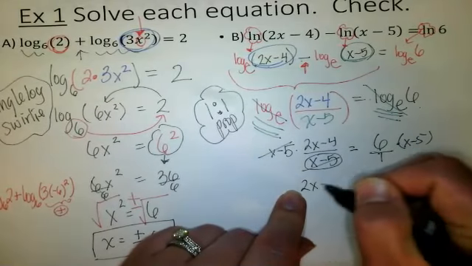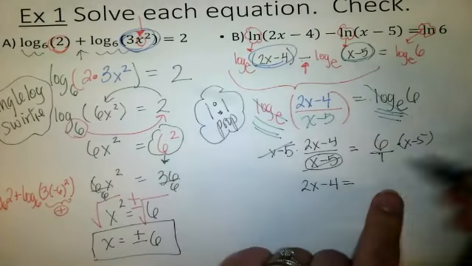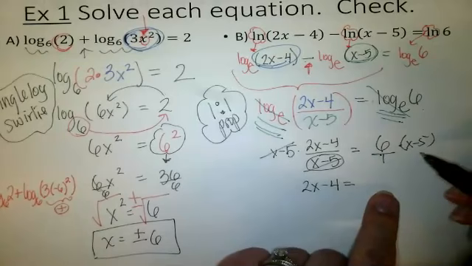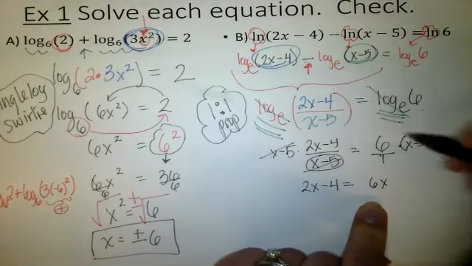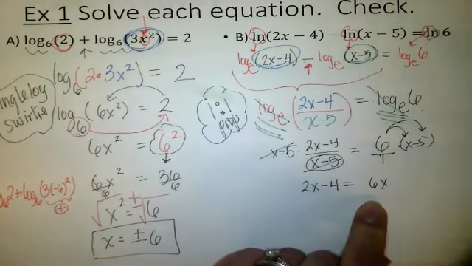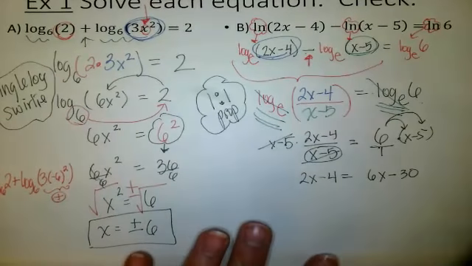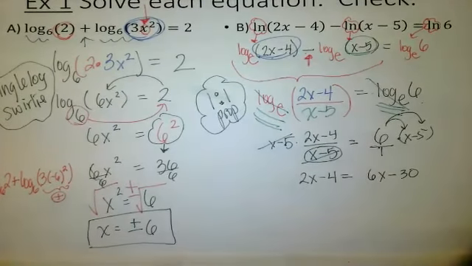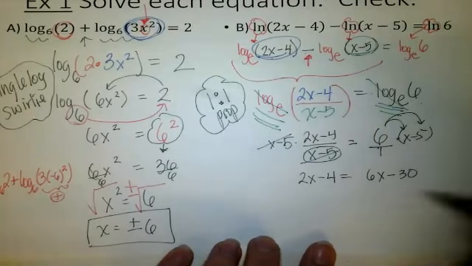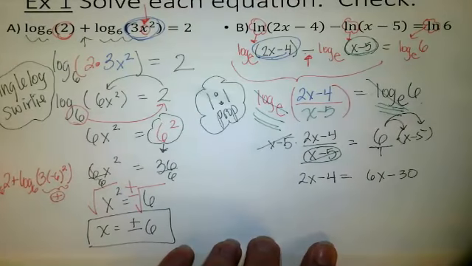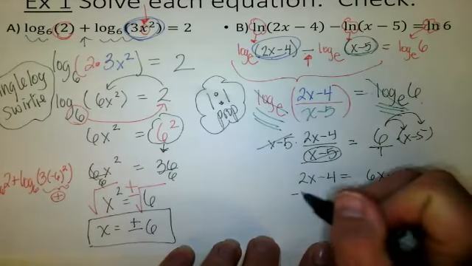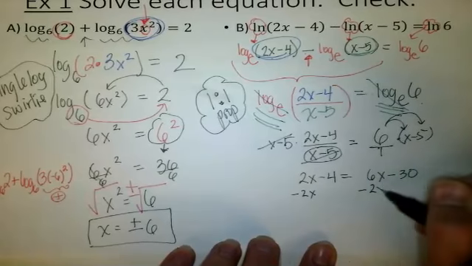We have 2x minus 4 is equal to, what do we have to do on the right-hand side then? Distribute. Yeah, 6x minus 30, you're right. And now we can just get our letters together and our numbers together. What do you want to do? Subtract 2x? Okay.